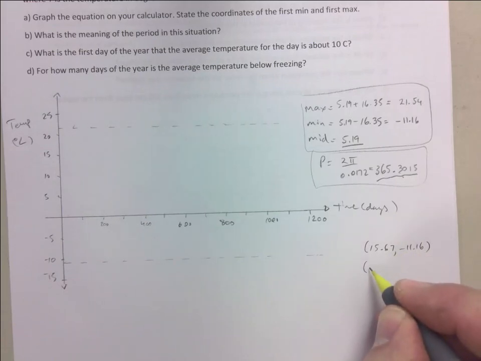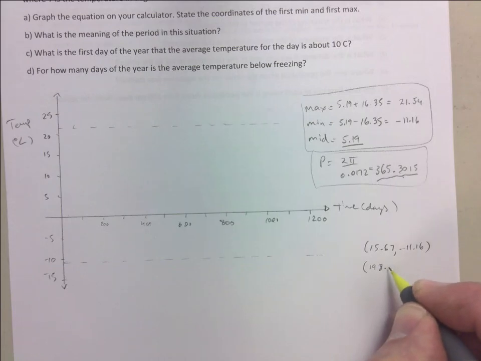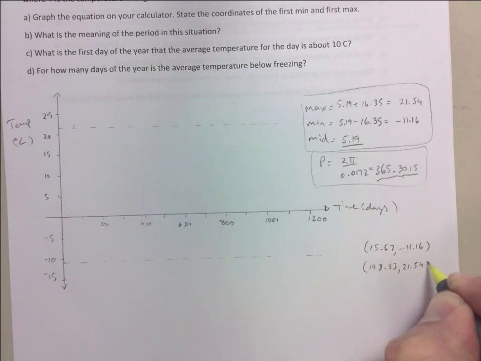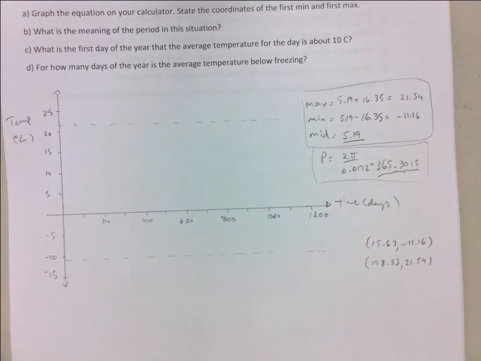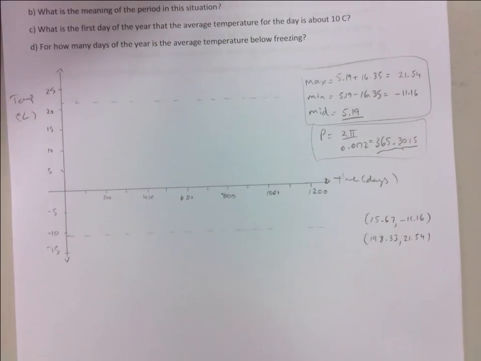And my first max is at, help me out here. I've done it differently in the past, that's why my key. Yeah, the first max is at? And that is at 198, yeah? Okay, good enough. So now I know where to start.